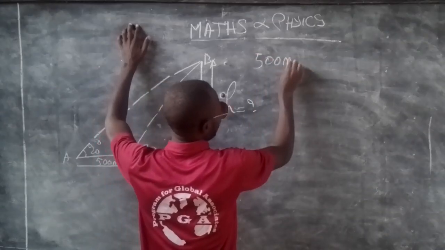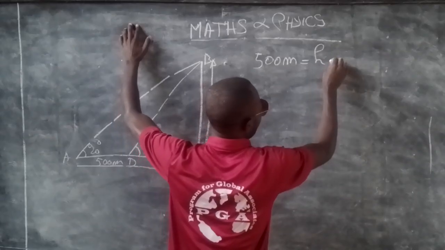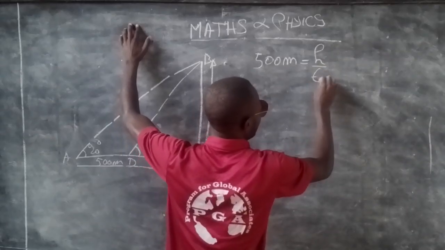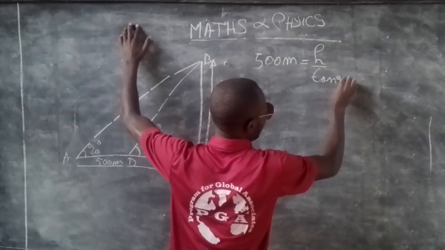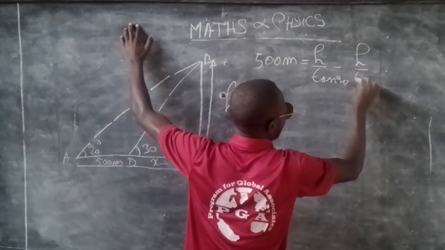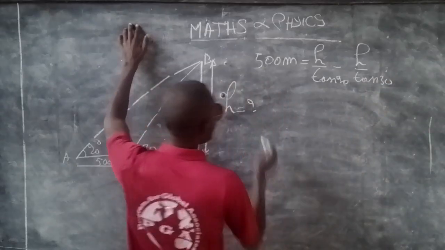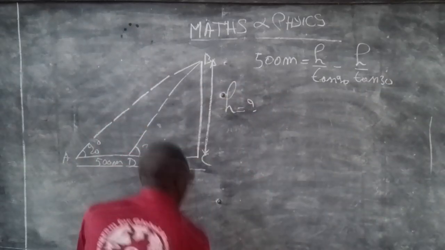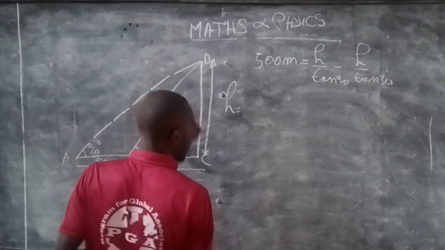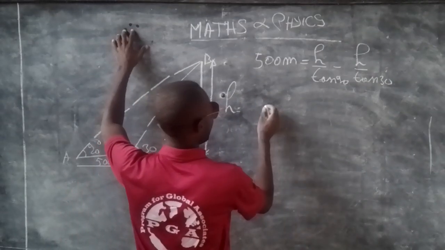Here we have 500 meters equal to h over tan 20 minus h over tan 30. Here we will also use factorization.